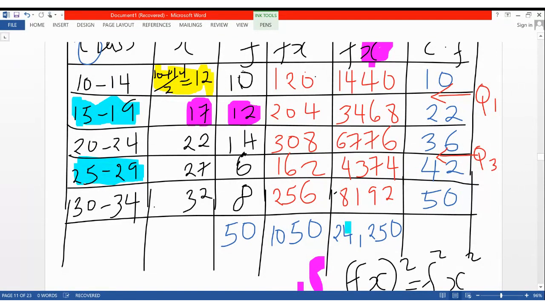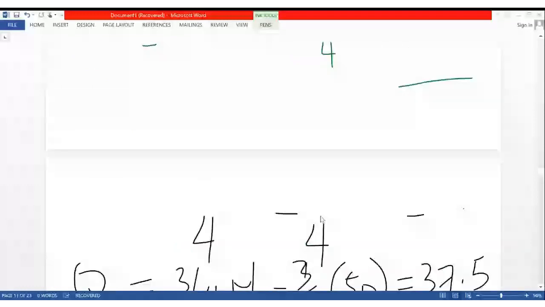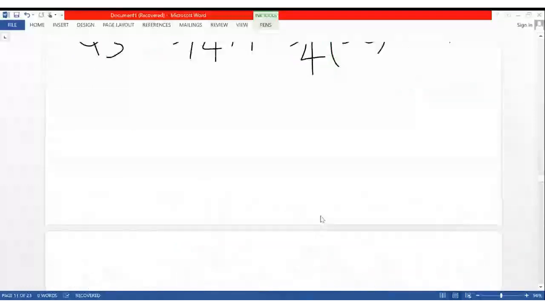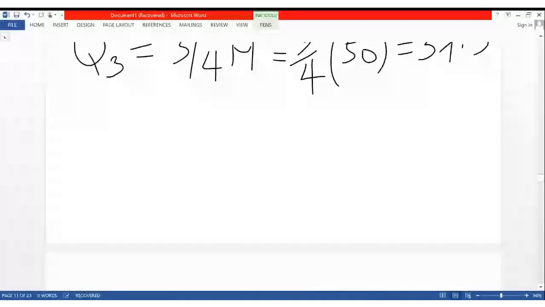If you remember the notes for median, it is very easy. Q1 is falling in which class? 15 to 19. And then Q3, we shall give the class later.